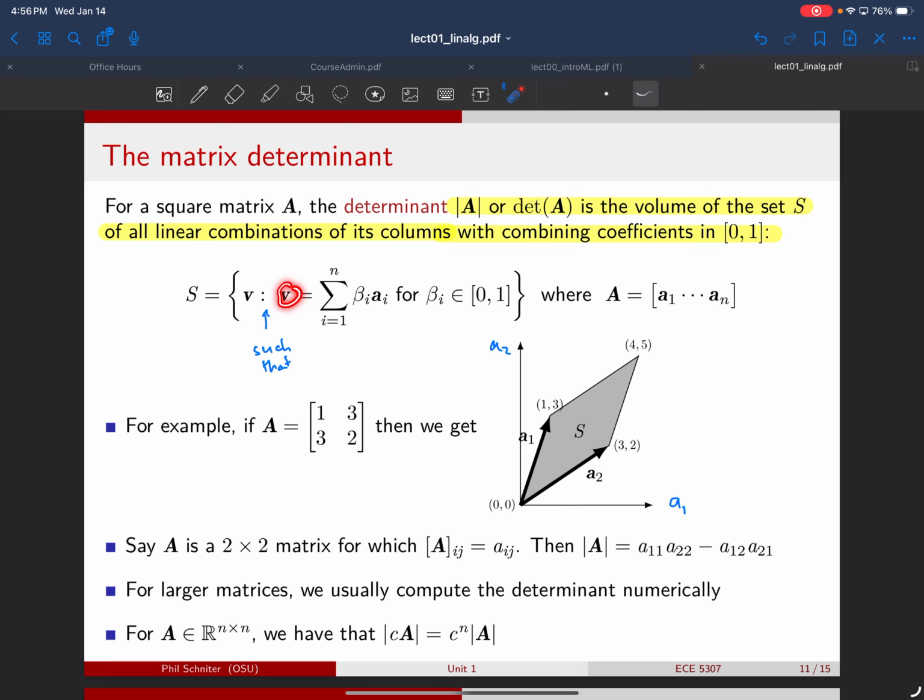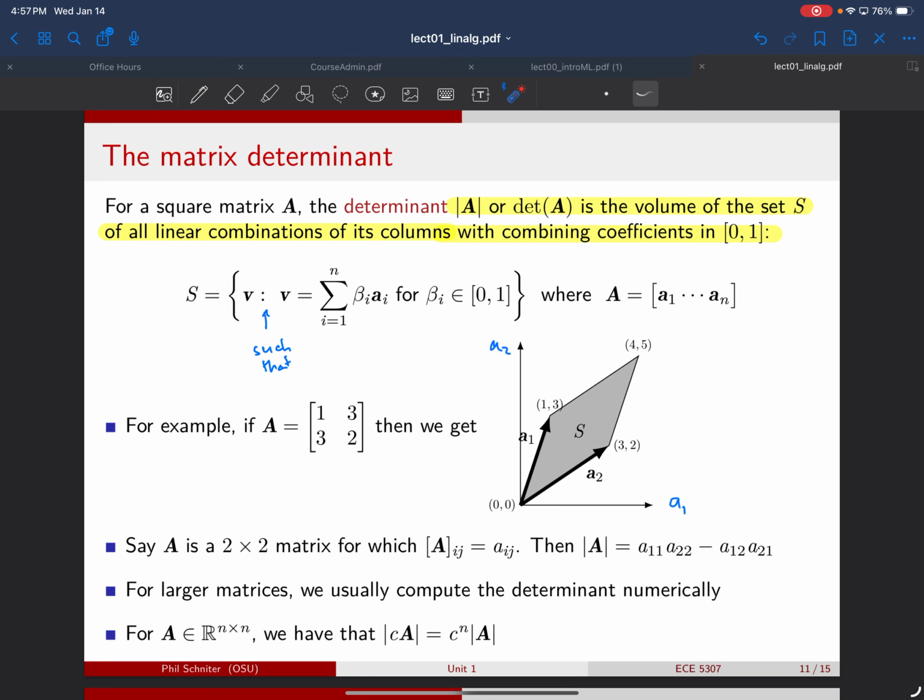So this recovers all the different V's in here. It's the set of all those V's, and now it's the volume of that set. Okay, so that's how we can think about the determinant.